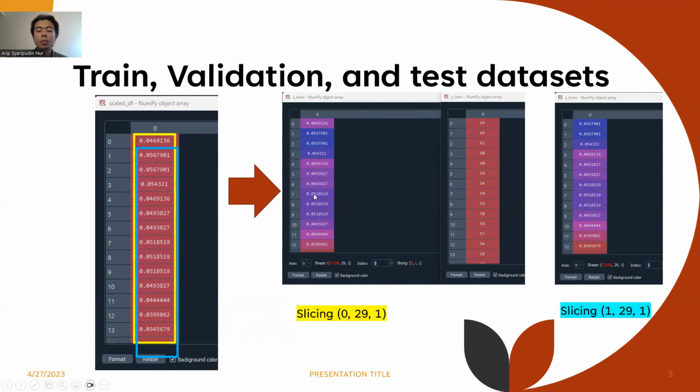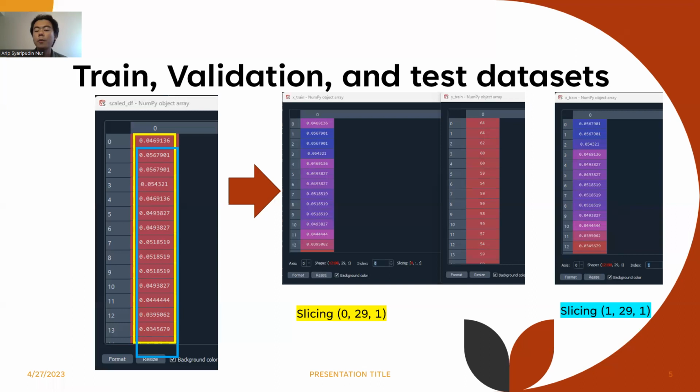The yellow shows the zero slicing, 0:29 means that we collected the look back of 29, and one is for the Y for the result. Also, the next day is the blue one.